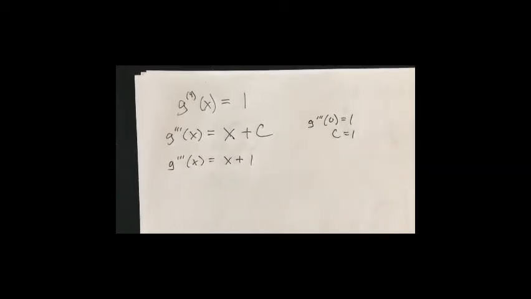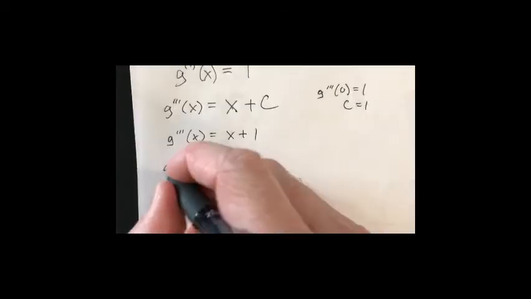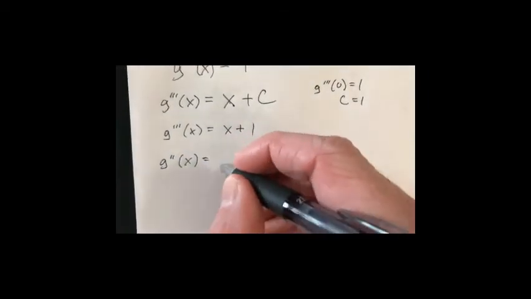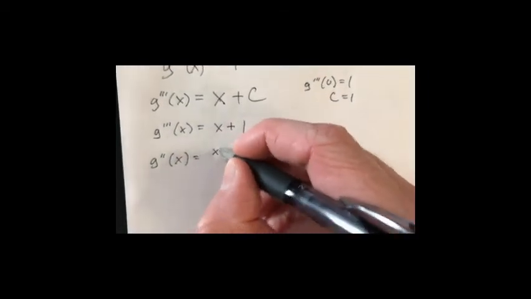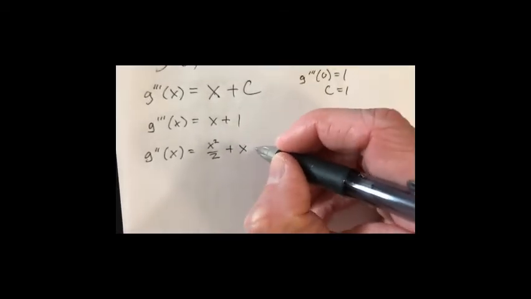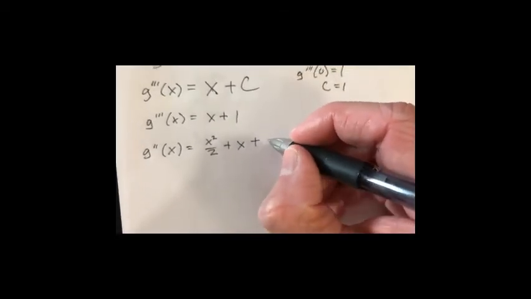Well, if that's what our third derivative is, then our second derivative will be an antiderivative of that. Antiderivative of x, x squared over 2, antiderivative of 1, x, and then my usual plus c. Same idea here.